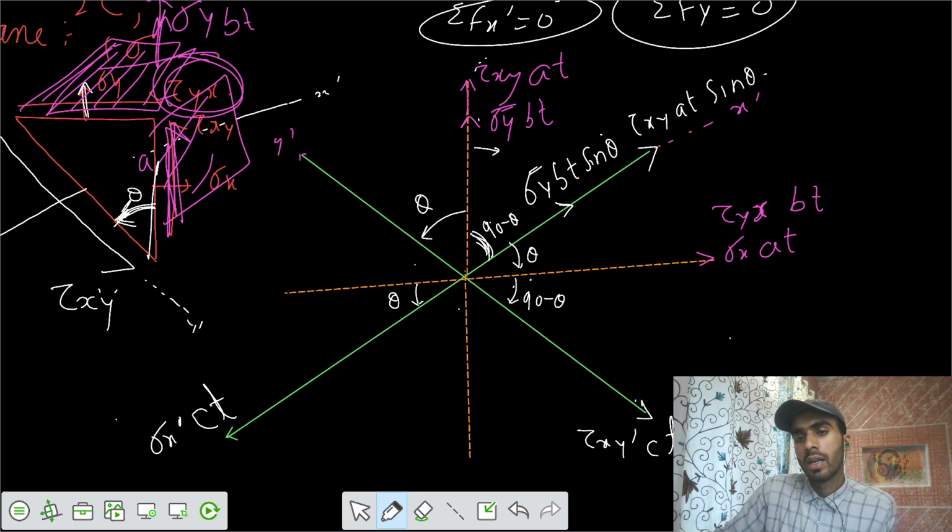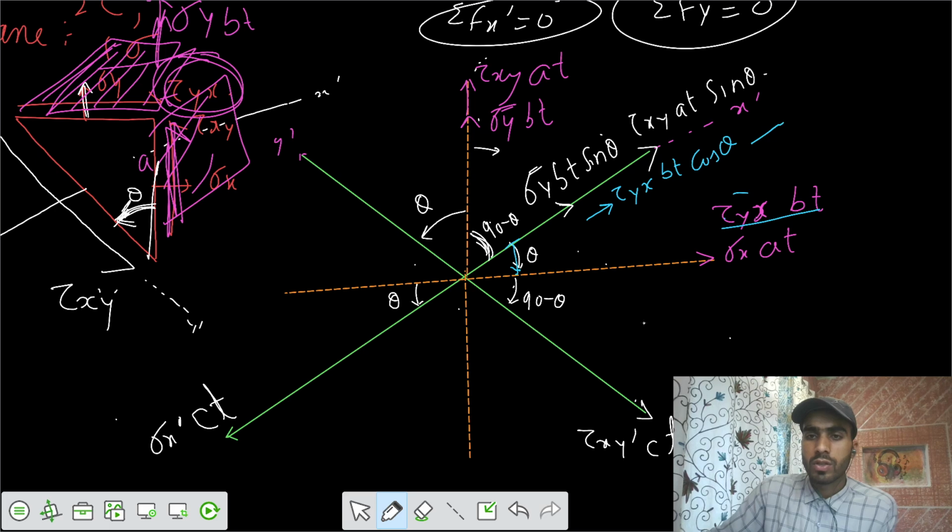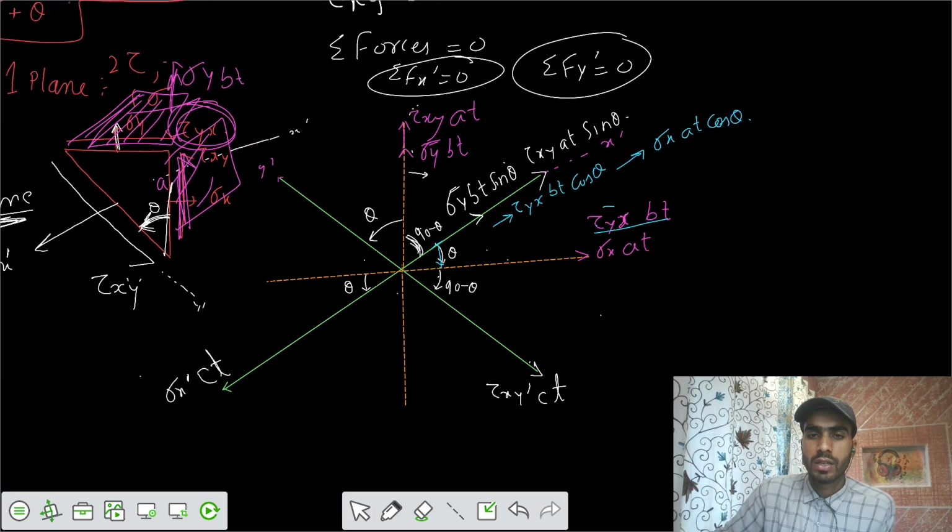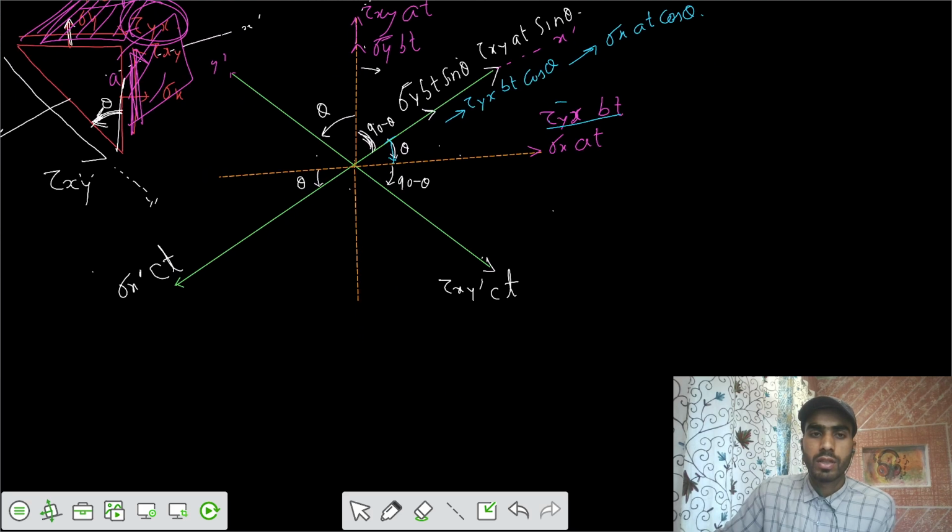Now we need the other two. This is tau yx BT, having theta with respect to some line, so the component is tau yx BT into cos theta, and also sigma x AT into cos theta. So we got forces along the x dash direction, and we can balance the stresses along the x dash direction.